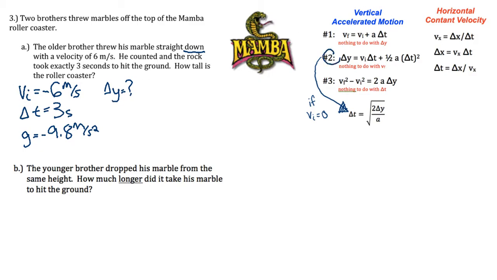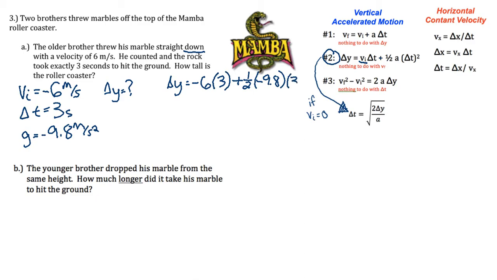And equation number 2 gives us an equation for delta y. So delta y is going to equal our velocity initial, which was negative 6, multiplied by the time, which was 3, plus 1/2 the acceleration of negative 9.8 multiplied by the time squared.